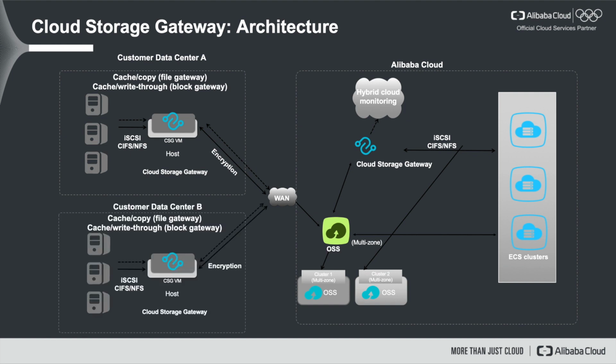There can be multiple cloud storage gateways installed in different environments, different data centers. What is the most important part? That we have to have the connectivity to the internet or Alibaba Cloud, so the Cloud Storage Gateway can upload the files to durable and performant object storage service.